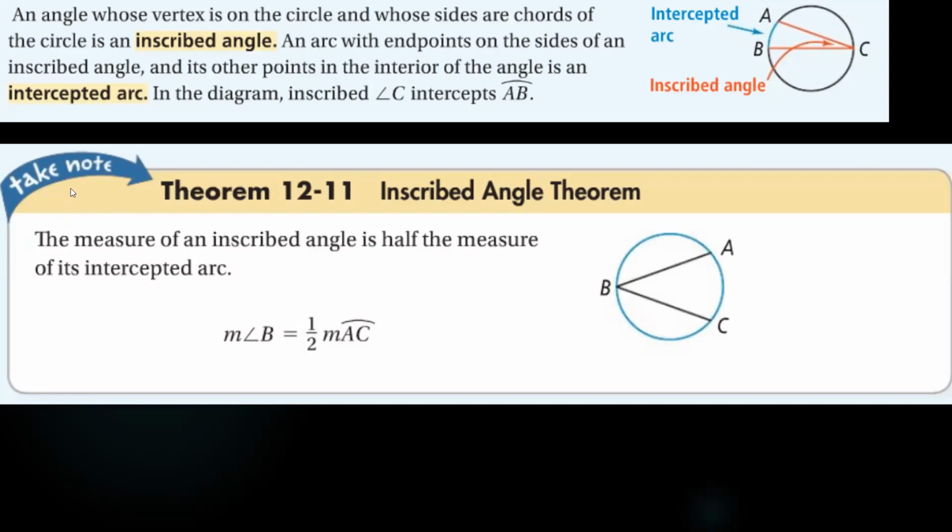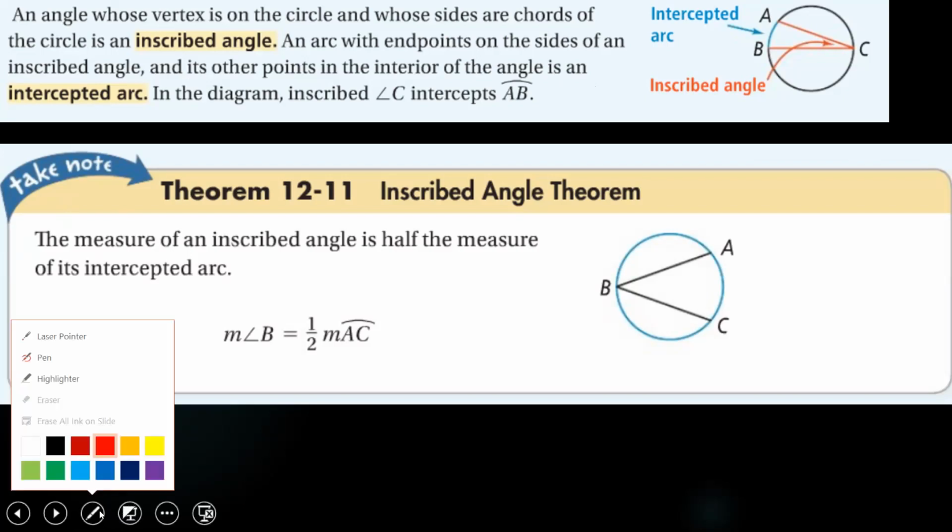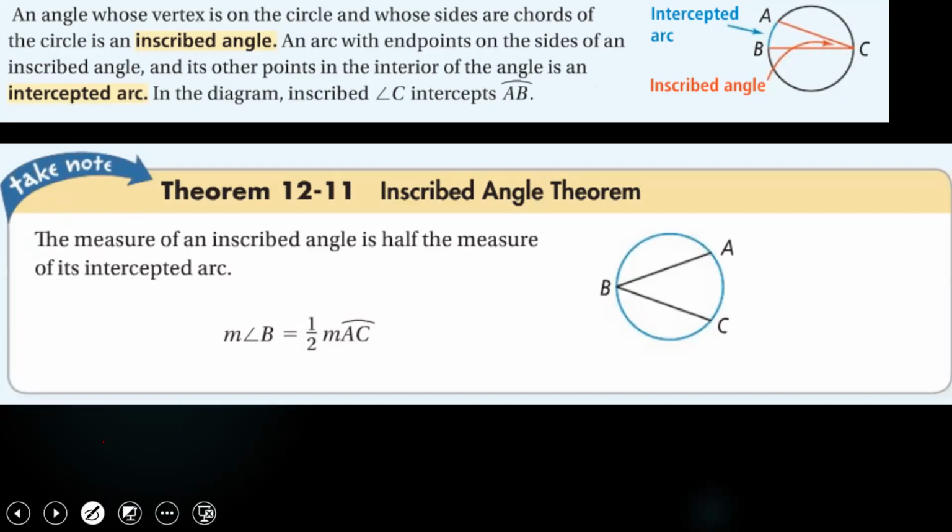Our theorem says that the measure of an inscribed angle is half the measure of its intercepted arc. If I am talking about this angle, I will not look at the measure of this arc or this arc. No, you will look at the measure of its intercepted arc.